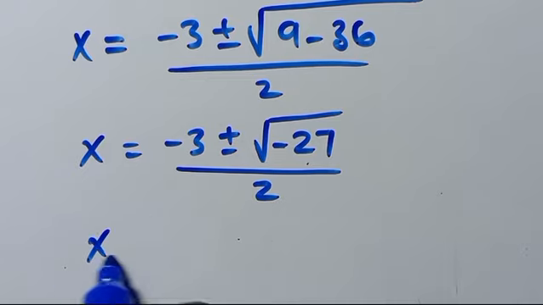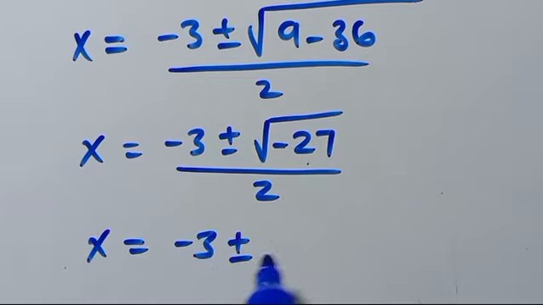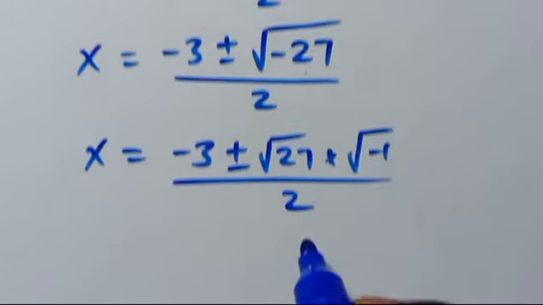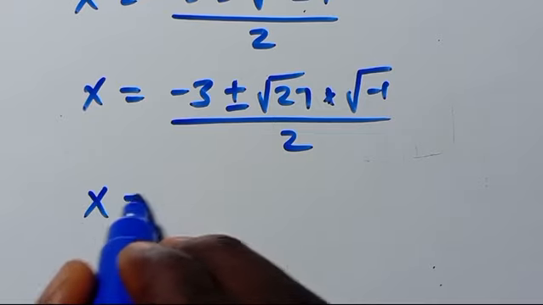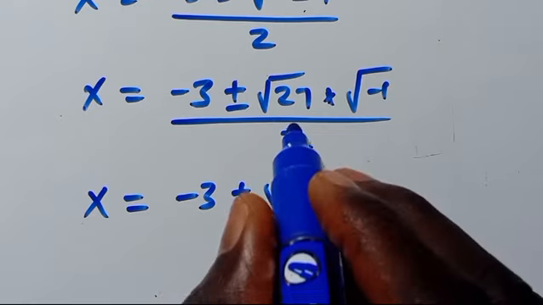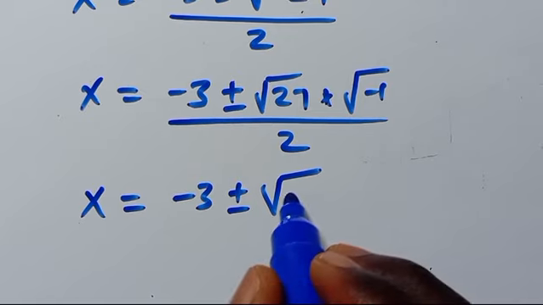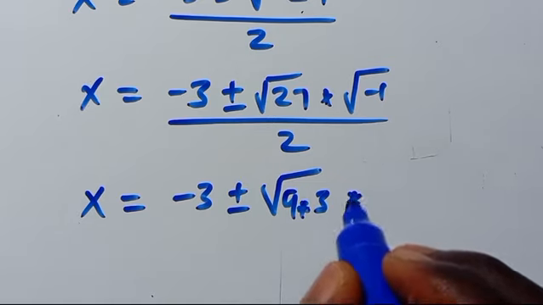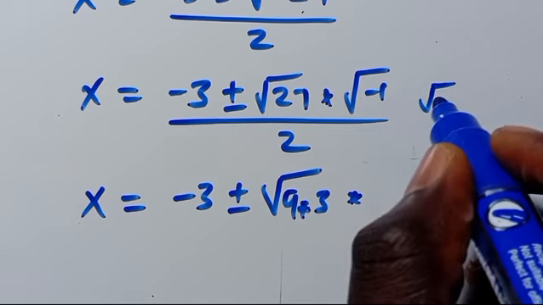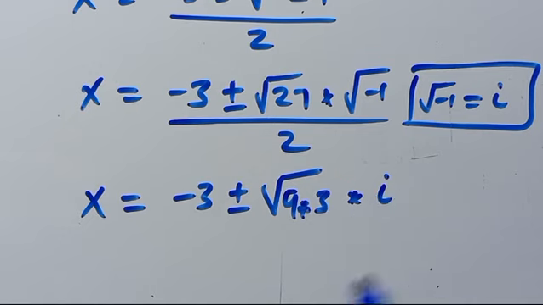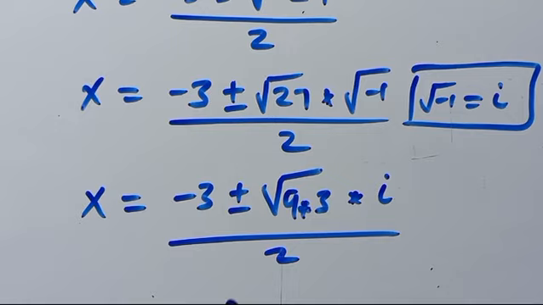So we have x equals minus 3 positive or negative root of 27 times root of minus 1, over 2. We can write this as 9 times 3, then times root of minus 1, which in complex space is equal to i, over 2.